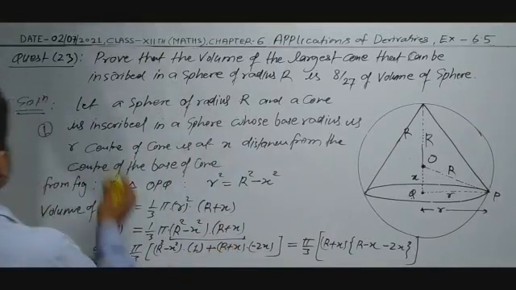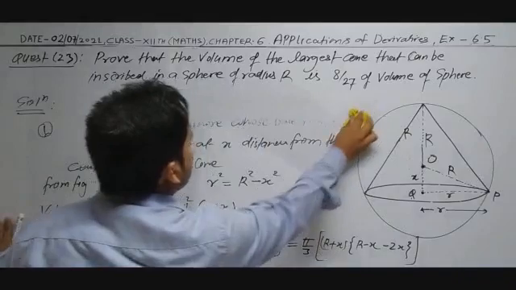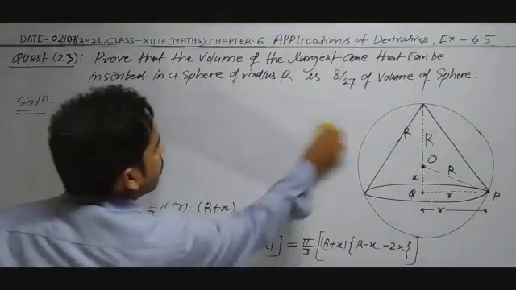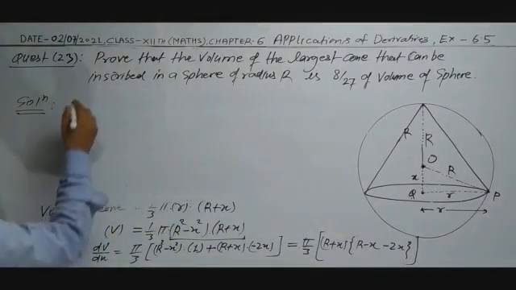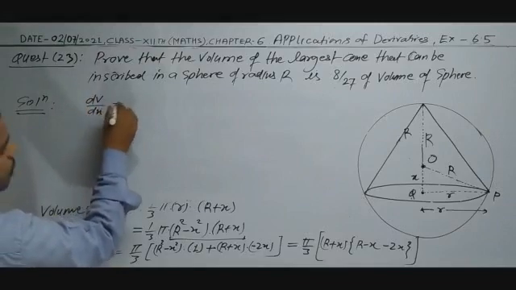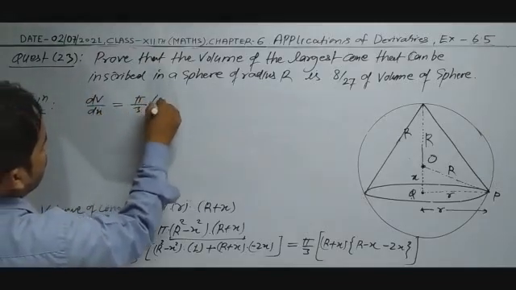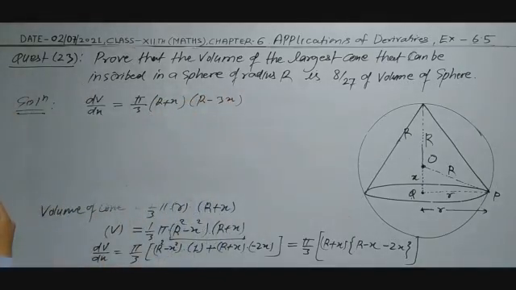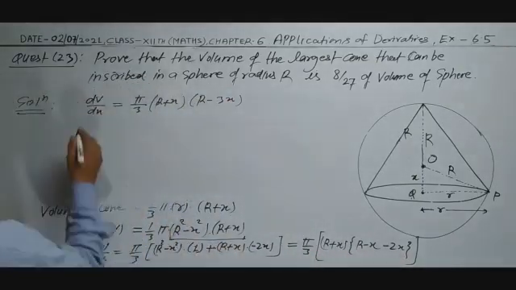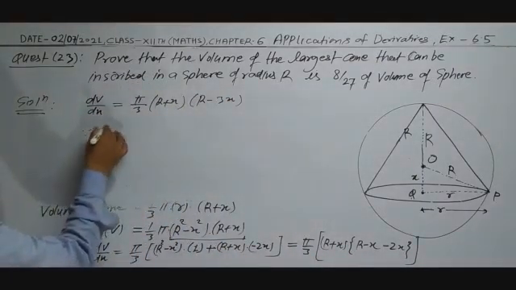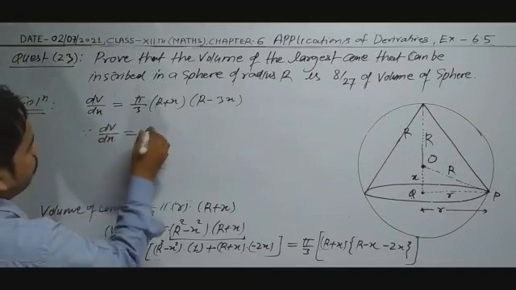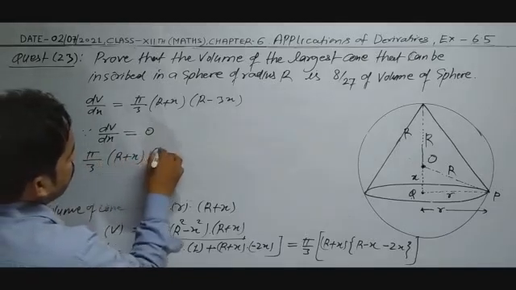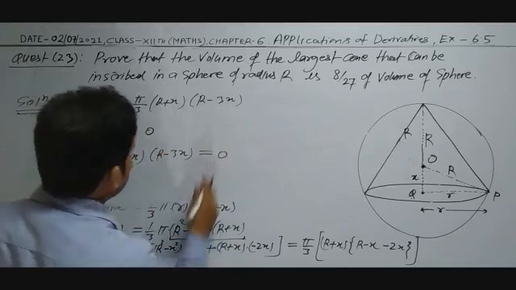Now this becomes dV by dx is equal to pi by 3 into R plus x into R minus 3x. For maximum and minimum value you equate dV by dx to 0. This implies pi by 3 R plus x into R minus 3x is equal to 0.